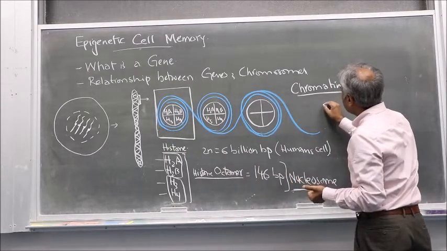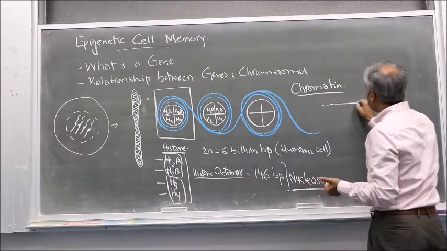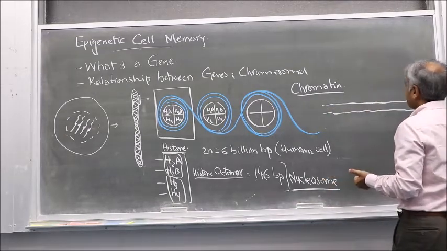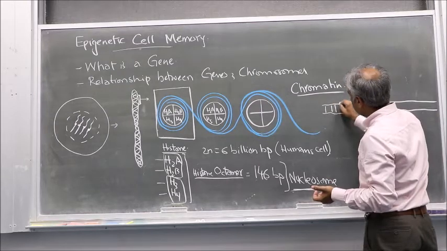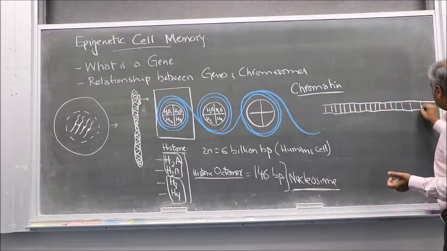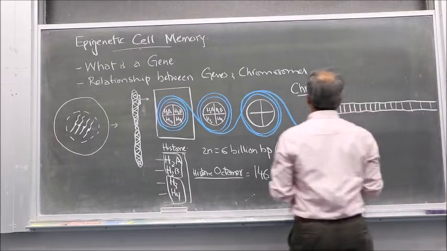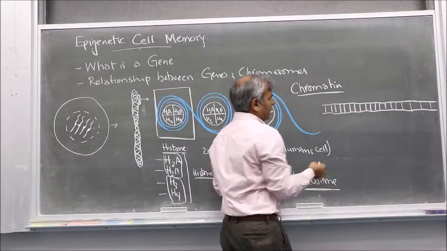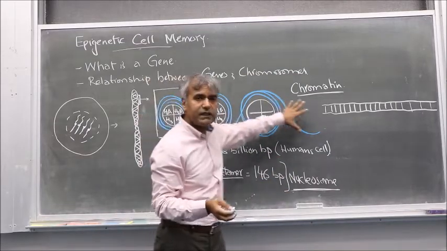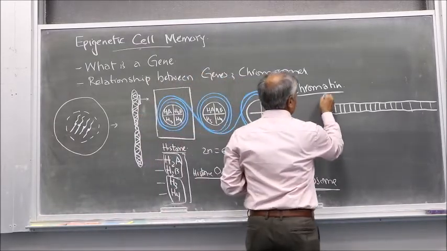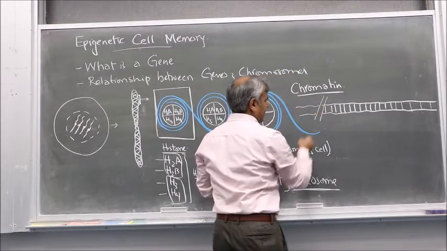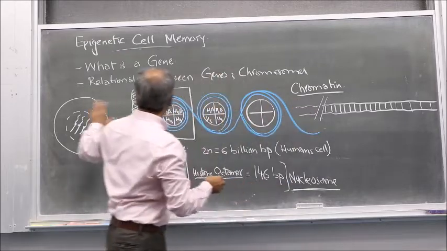Normally, we draw a horizontal line like this, and we explain it like this. This is like a piece of DNA which is on these nucleosomes. These hash lines mean this is in the chromosomal context.